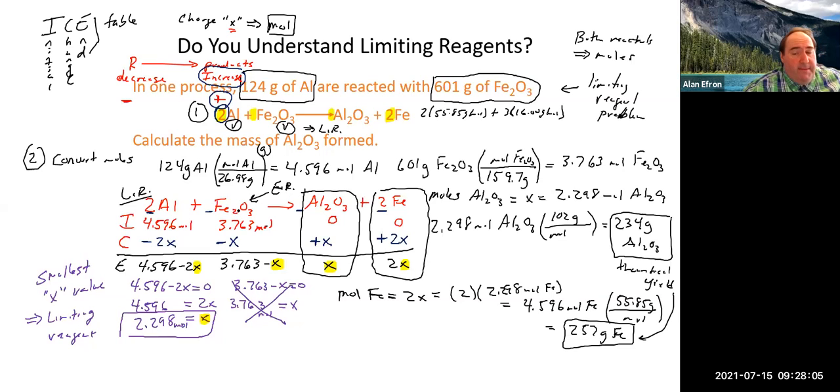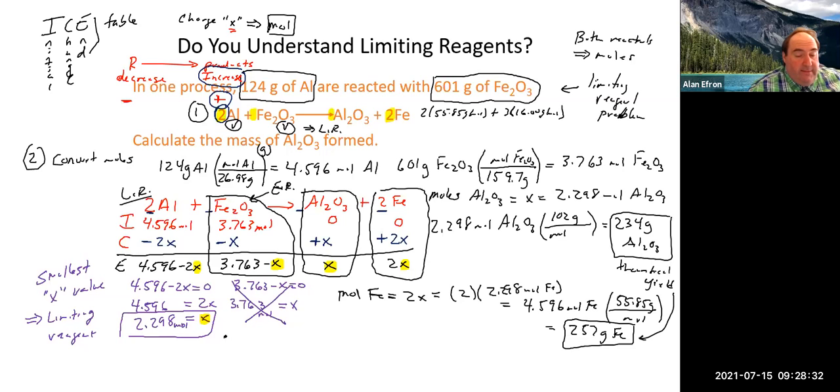A very common question in limiting reagent problems, after how much product you're going to produce, is how much of your excess reagent is left over. So by doing this method, and knowing the iron 3 oxide is our excess reagent, we can again very quickly use our ice table here and figure out how much of that would be left over.